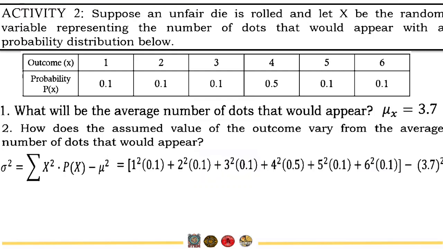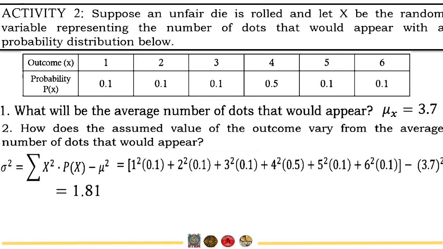The formula for the variance is the summation of x squared times the probability. Get the square of each random variable times its probability, then get the total. After getting the summation, you subtract the square of the mean. So the answer is 1.81.